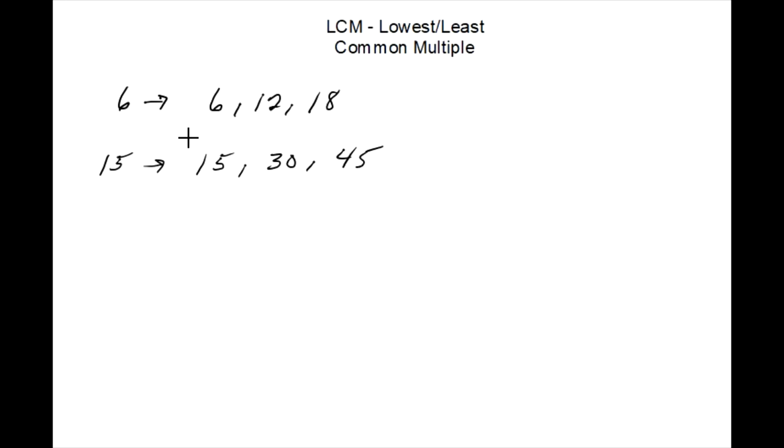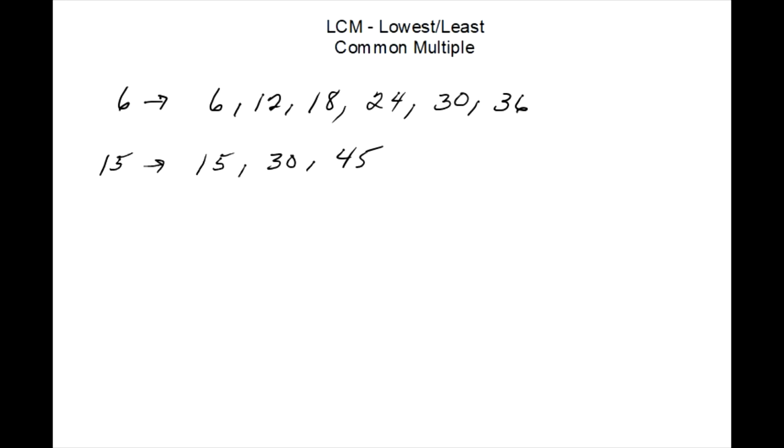So far, there's nothing that these things have in common. So I've got to continue up here because this is already at 45. So let's try to get closer to 45 here and see if we find something that they have in common. So now 6, 12, 18, 24, 30, 36.